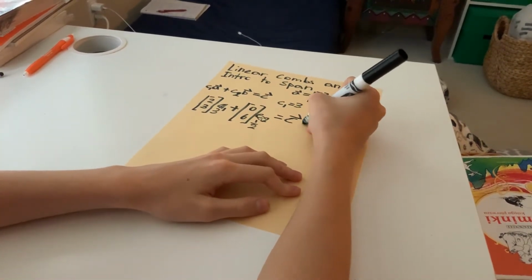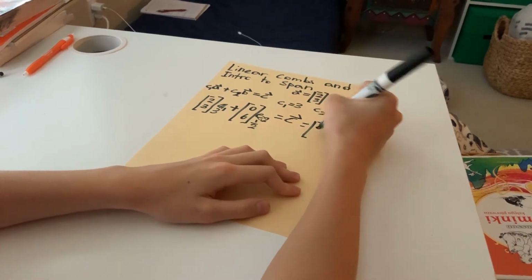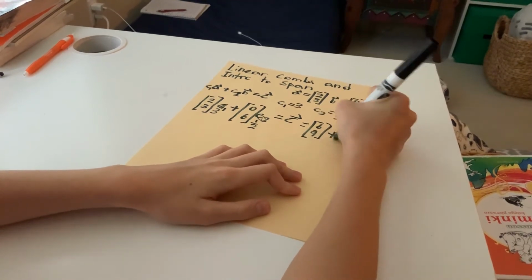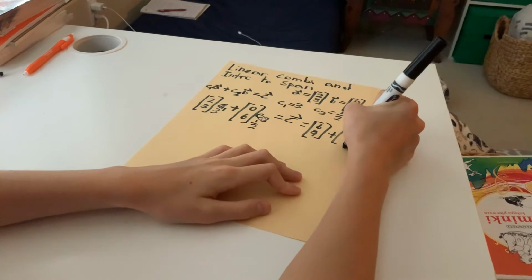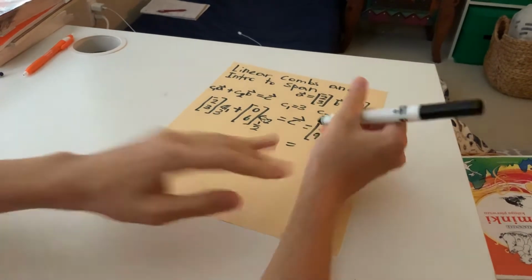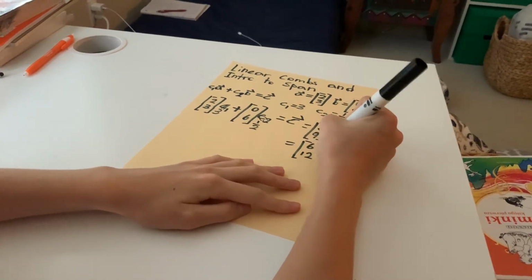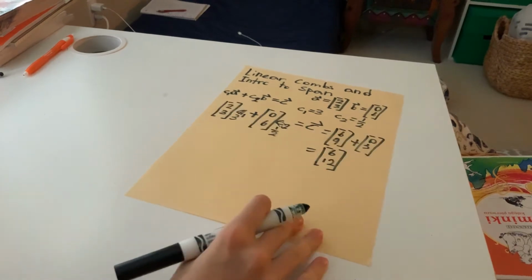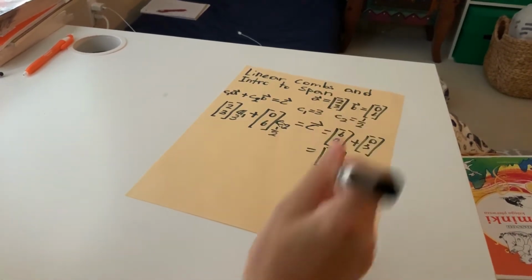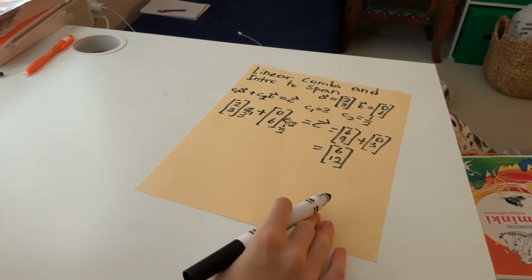That's equal to 6, 9, plus obviously 0 and 3. Let's add the terms, and that is equal to 6 and 12. So this is our combination of these two vectors where C1 is equal to 3 and C2 is equal to 1/2.